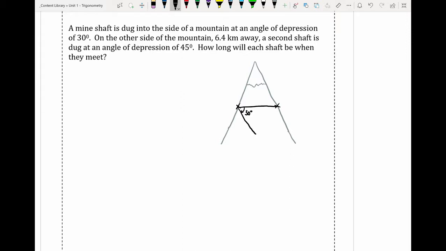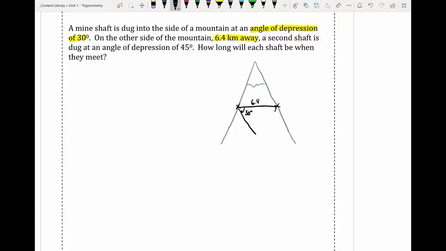On the other side of the mountain, 6.4 kilometers away, so that means that this horizontal line is 6.4 kilometers. It's the direction of the distance across. The second mine shaft is dug at an angle of depression of 45 degrees.